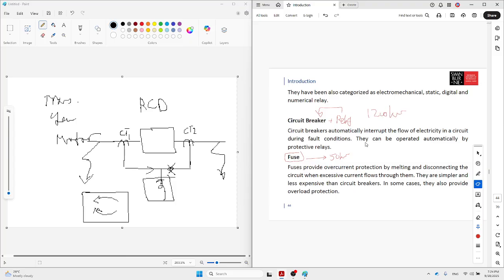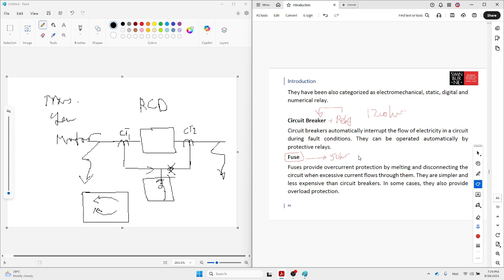Another major difference is that after the fuse operates and detects a fault, we have to replace the fuse. But in the circuit breaker, we just need to reset it and use it again.